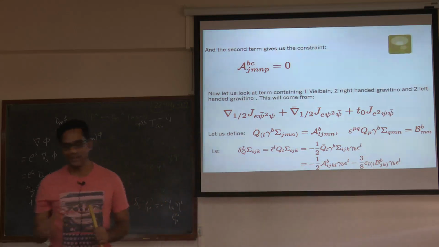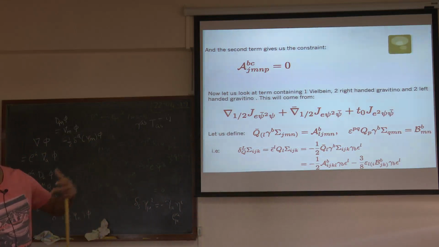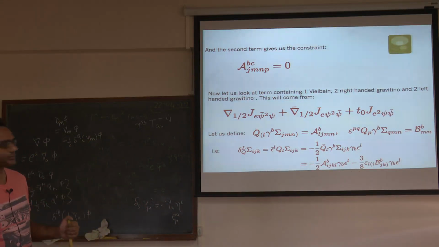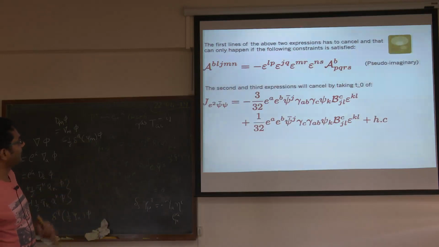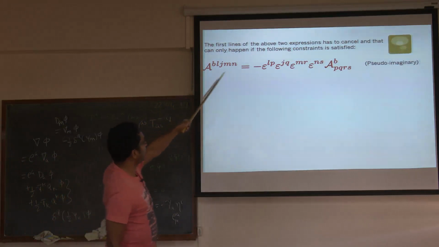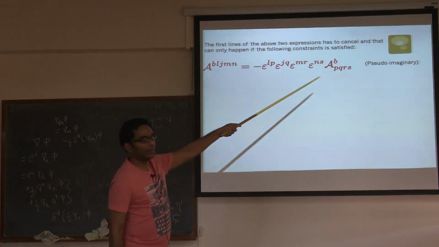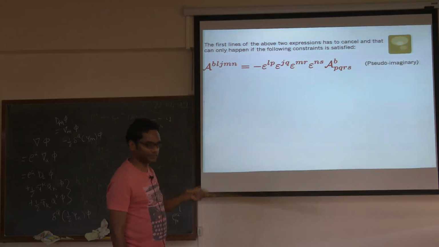Now this analysis tells you that this Lorentz vector, which is in the 5 of SU2, has to obey this constraint, where this raising of indices basically means taking the complex conjugate.